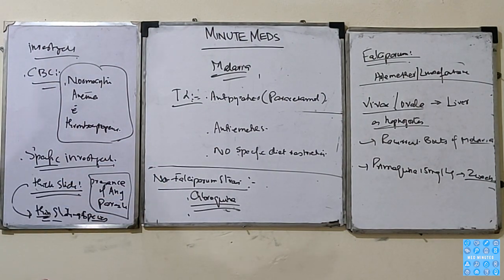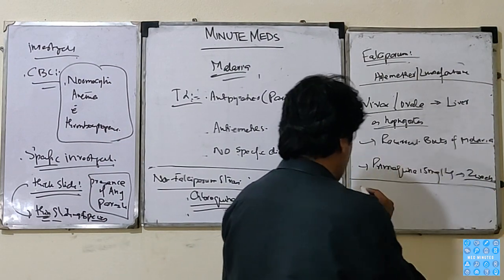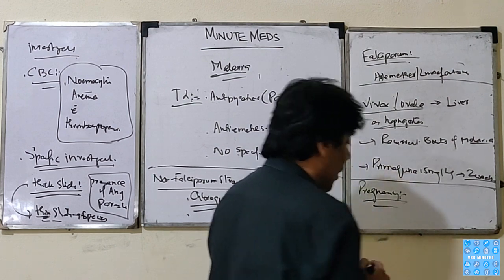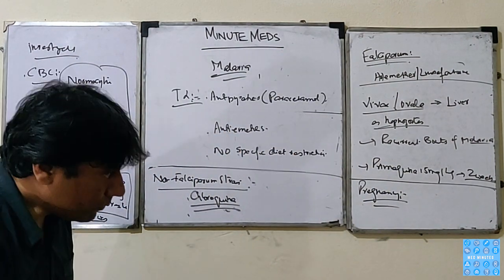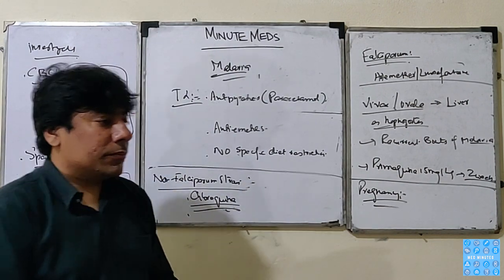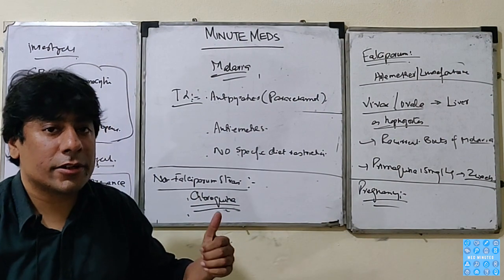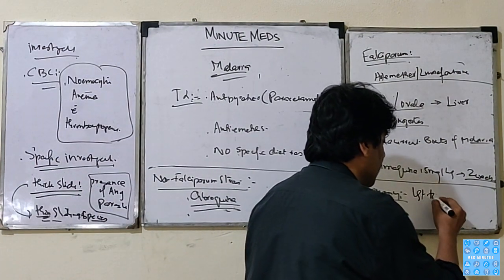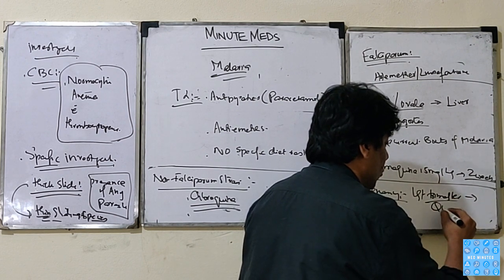Now, some exceptions, which is, what if a patient is pregnant? Are antimalarials contraindicated in pregnancy? Yes, chloroquine and artemether are contraindicated in the first trimester. In the first trimester, we prefer quinine.